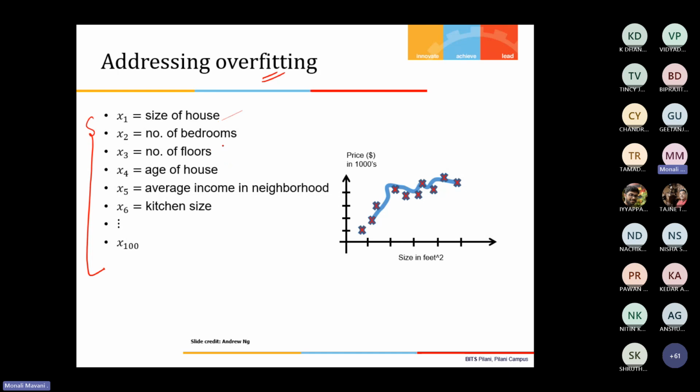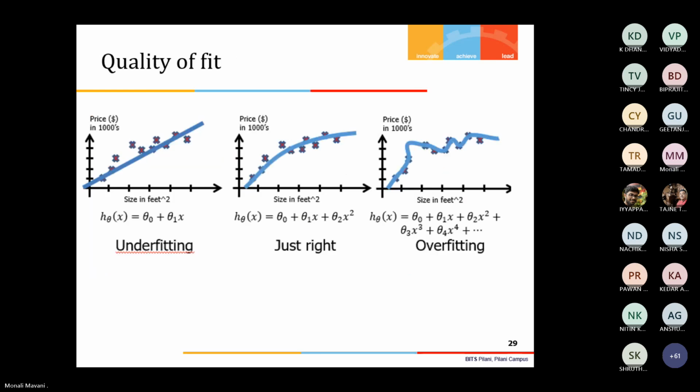Kitchen size, bedroom size, window size, etc. And then when we try to plot in a multi-dimensional plane, this is a simple example with one feature. Just now I explained that that's not a good model because it won't give you good generalization performance. So we are defining three different qualities of fit. The leftmost model, see, the crosses are our actual training data.